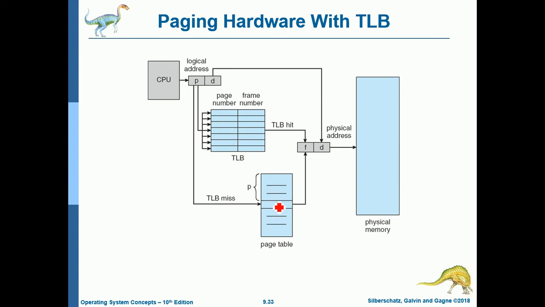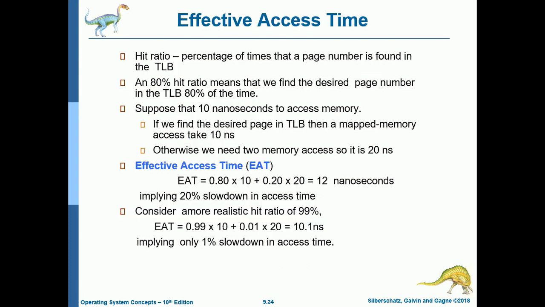That's why the memory access is times 2, because you need to look first at the TLB, and if it's a miss, then you need to look at the page table. So for a TLB miss, it will be 20 nanoseconds, 10 times 2.